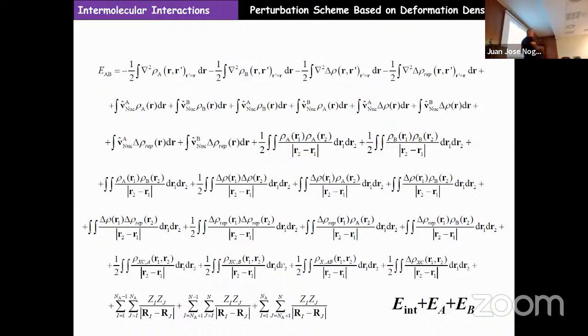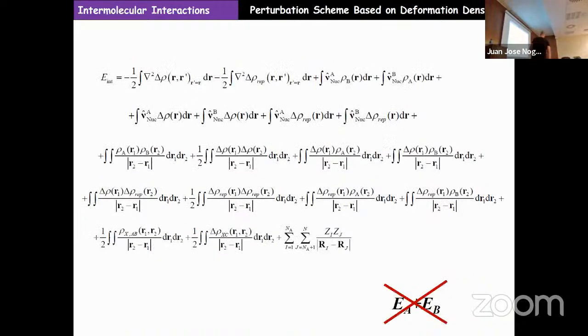I can remove all these terms from here and obtain an expression for the interaction energy, which is still large. But all these terms have a physical interpretation because I can group them in terms associated to electrostatic interaction, because you remember the expression of the electrostatic interaction before, all these terms are here.